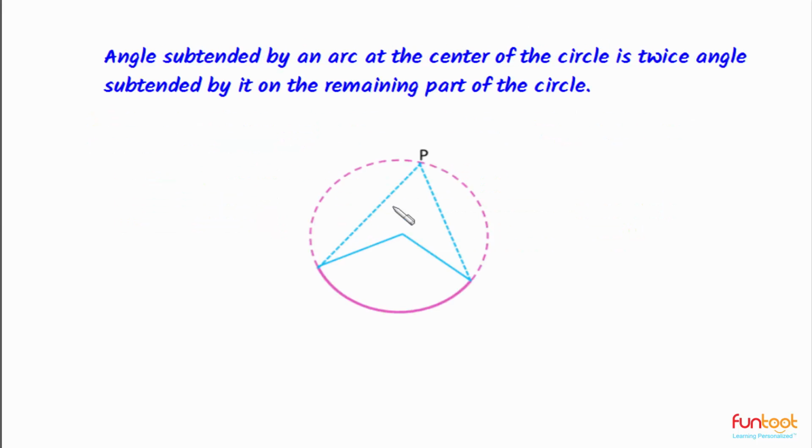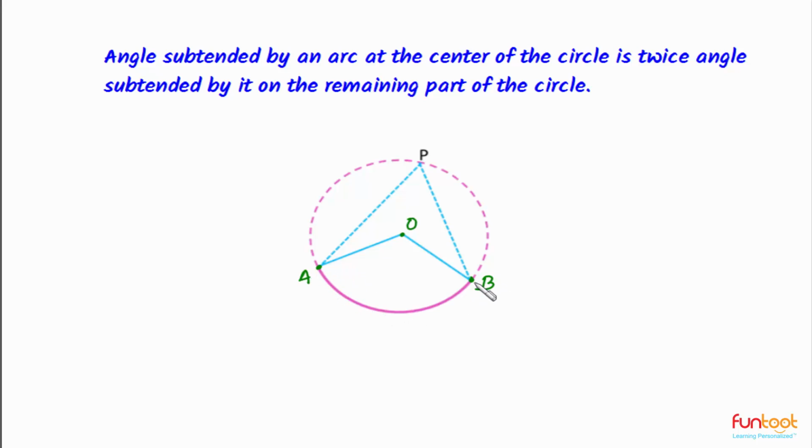According to the first property, the angle subtended by an arc at the center of the circle is twice the angle subtended by it on the remaining part of the circle. So if we suppose that this is center O and this is the arc which we are considering, let's call it arc AB.